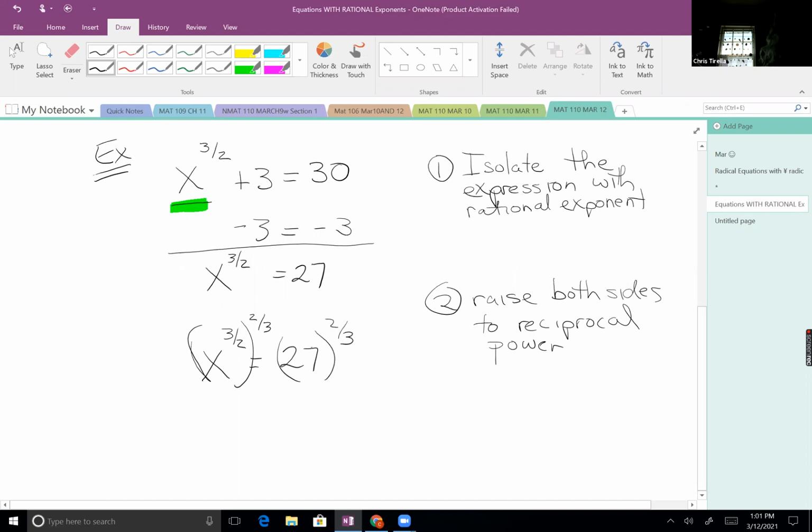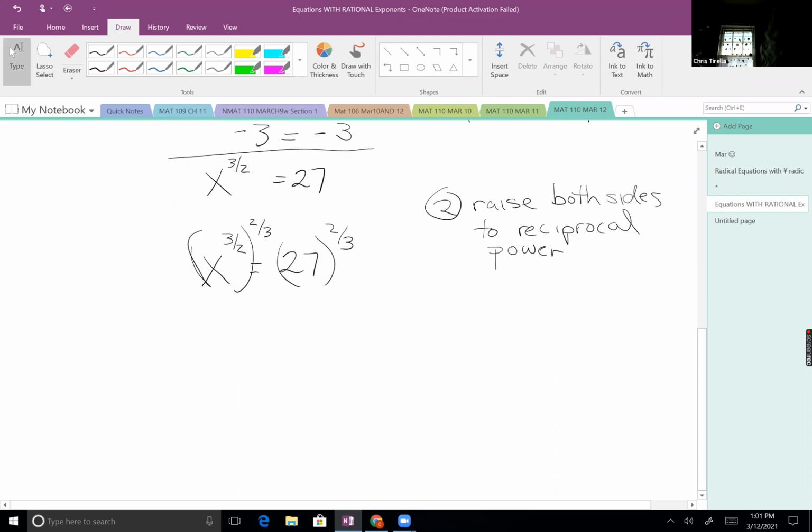And so I want to go through and raise both sides to that 2/3 power. Then I'll simplify. Well, over on the left, we said when we raise a power to a power, we multiply those exponents. And we chose the reciprocal because when I take 3/2 times 2/3, I get an exponent of 1. X to the first is just x.